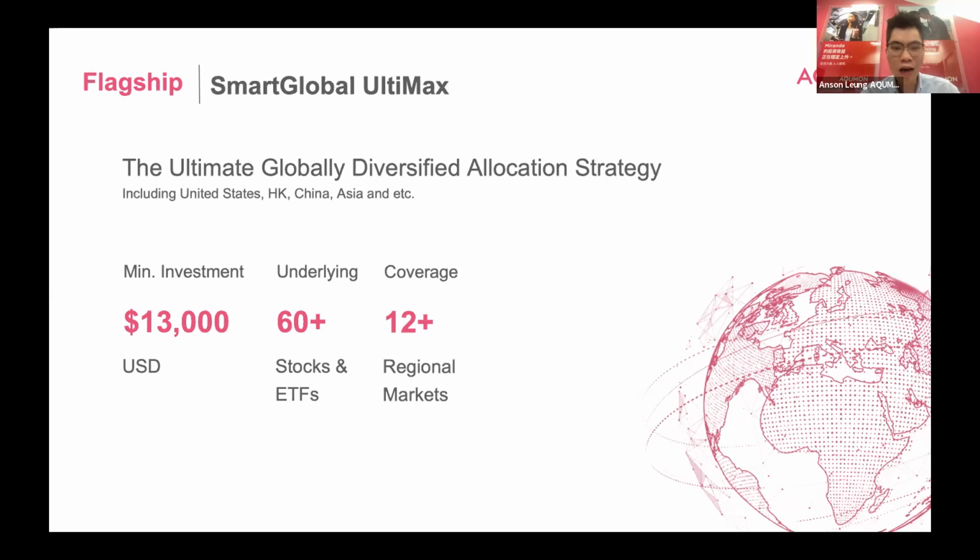Compared to the traditional Smart Global Max, which, because of the constraint on the investment threshold, only covers a few regional stock markets, this Smart Global Ultimax can cover up to 12 regional markets. It means this portfolio has exposure to 12 plus regional markets.